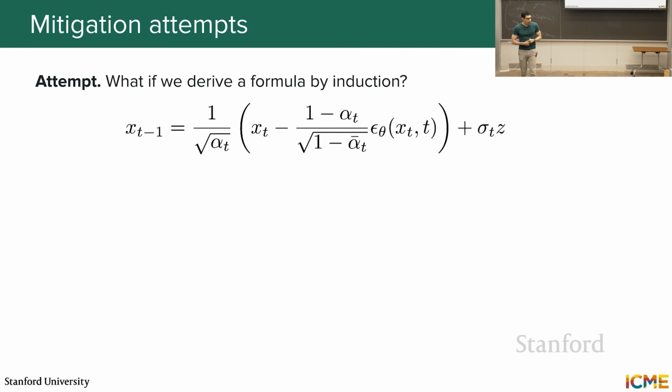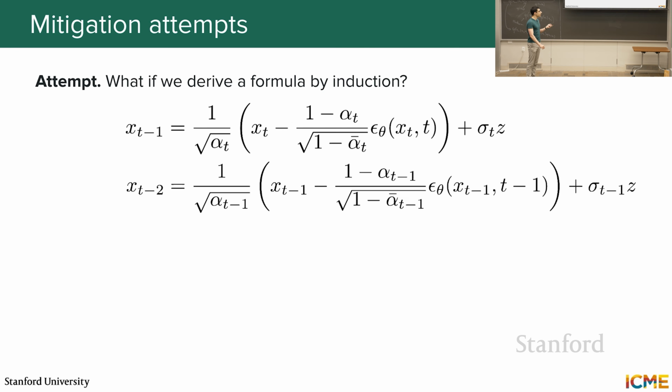The first thought that comes to mind is to write down equations and see if we can link a lower step to a higher one, and make a connection between the two without going through each of the middle steps. So let's start by writing down the same equation for step T minus 1, and then T minus 2, and so on.